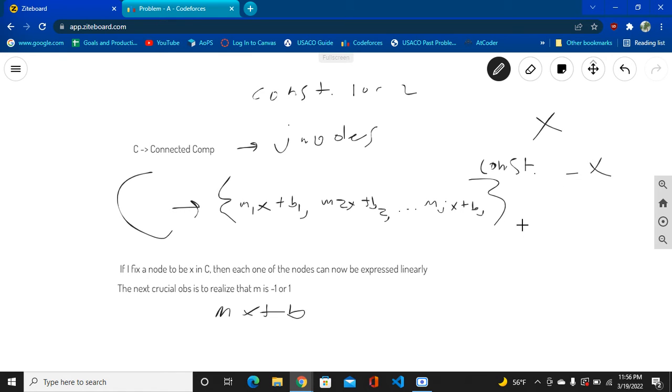And then you obtain the next linear form by doing a constant minus the constant minus x. So the idea is that you're going to be obtaining linear forms by doing a constant minus something that already has a coefficient of 1 in front of it. The coefficient in the linear term is always 1.